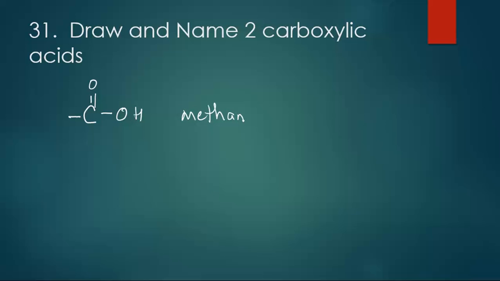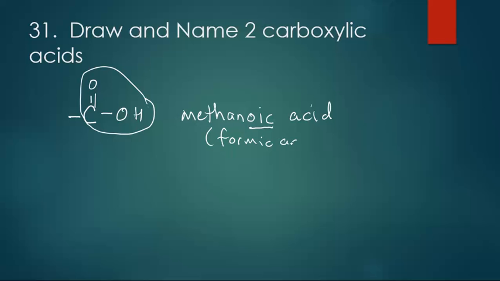We add AN in order to make it sound better, and then because it is a carboxylic acid, we end it in oic acid. That is methanoic acid. Well, I've already told you this, but the common name is formic acid.